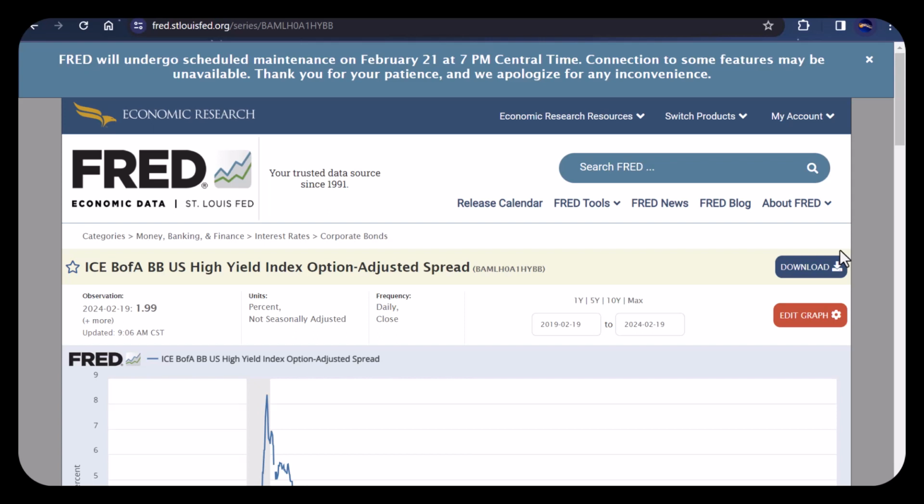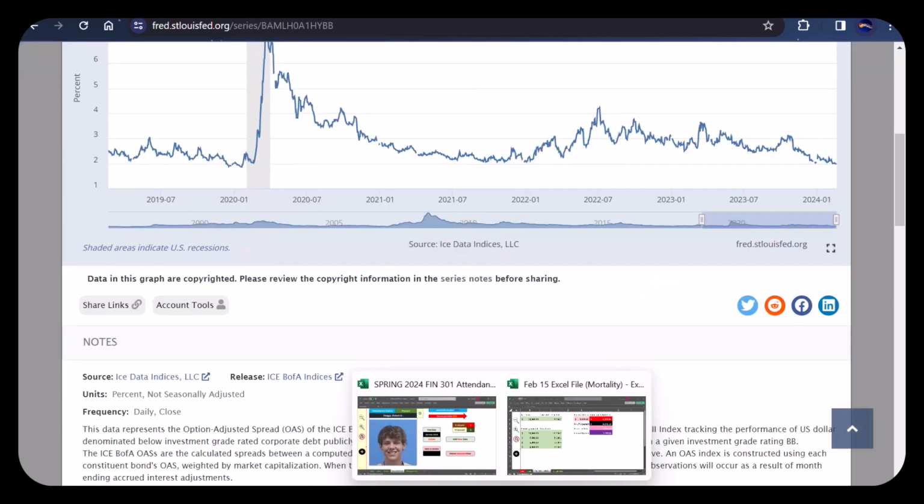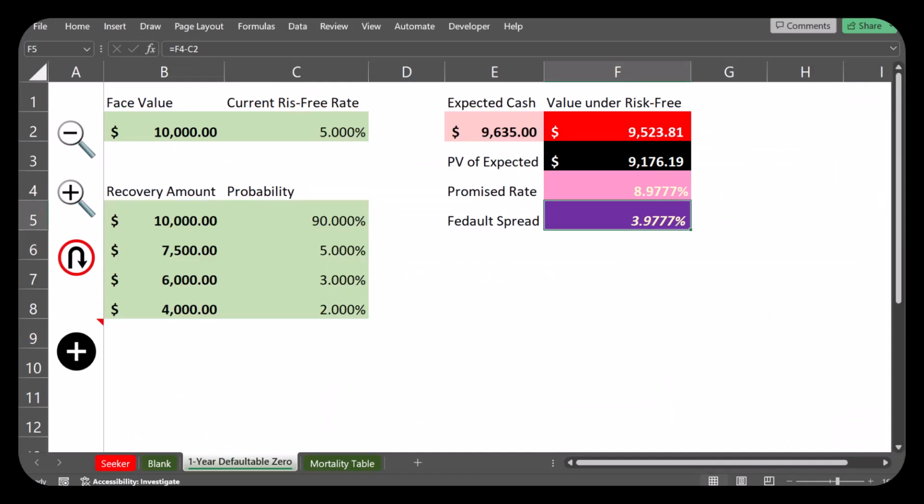I have to divide notes. Let's see. Let's make that not 80.